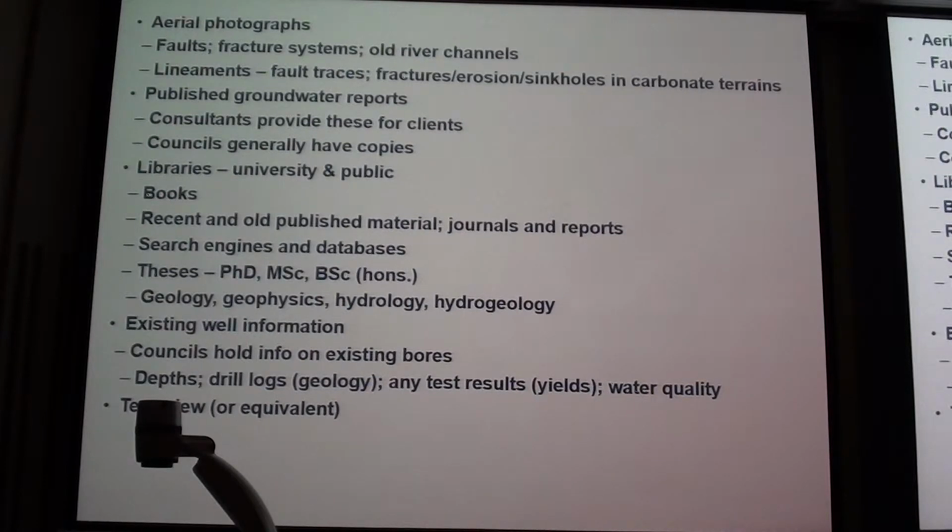TerraView is a database of land ownership, so you can check out parcels of land and see who owns them. The other useful thing is that it shows things that aren't on normal maps and plans, like paper roads. Often there'll be a farm, and you think that'd be a good place to drill a hole, but we'll have to access across the farm and get permission to use the driveway. Often not.